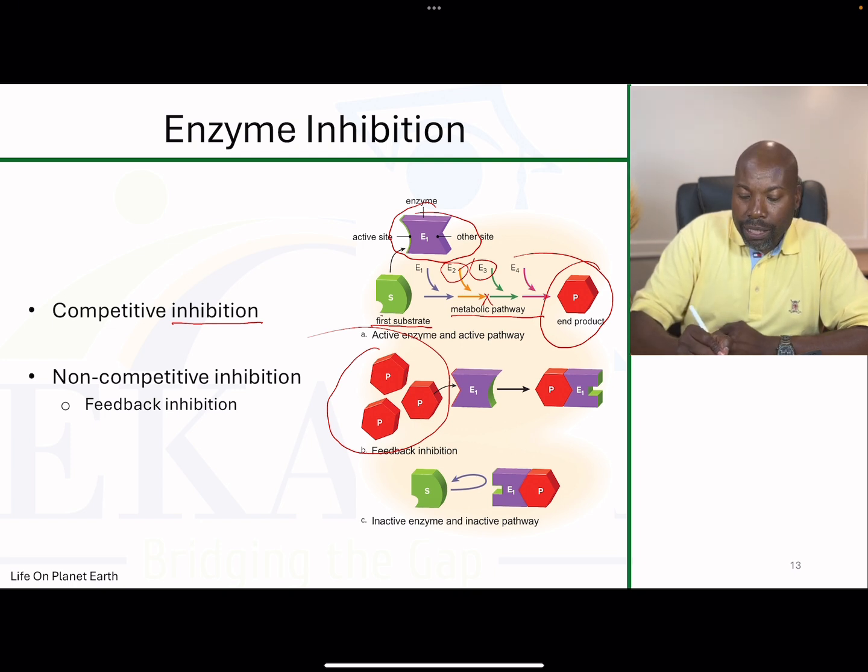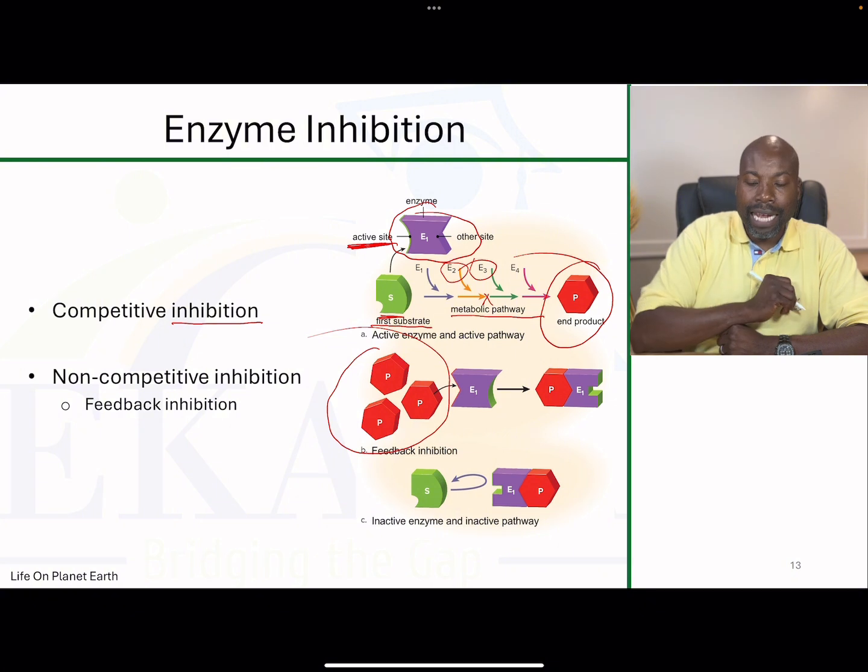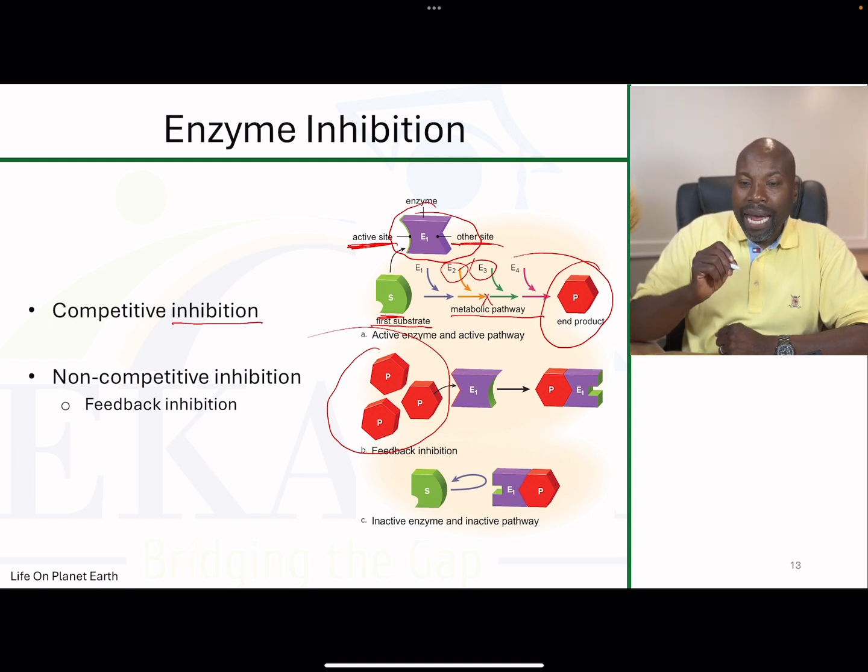Now, remember that the substrate is going to have an active site where it attaches, right? But some enzymes are going to have another site. That site matches a binding site for the product.